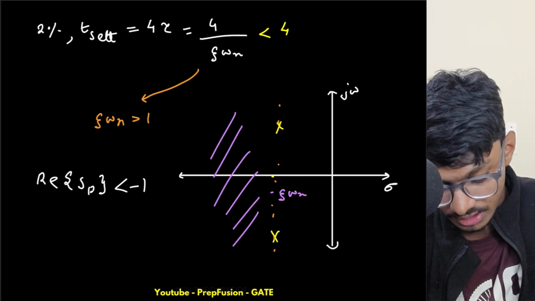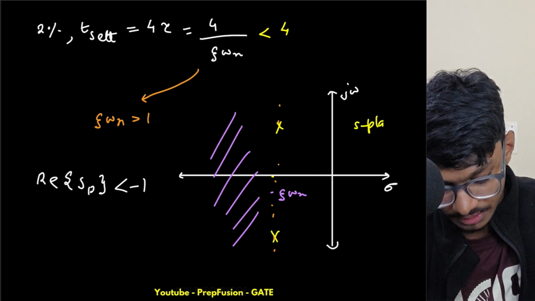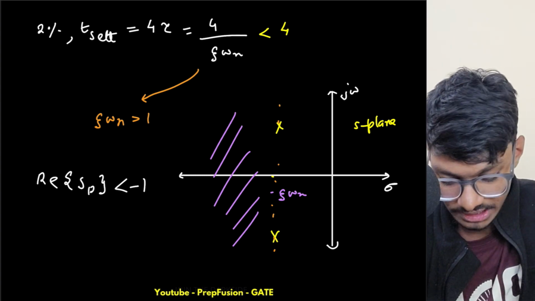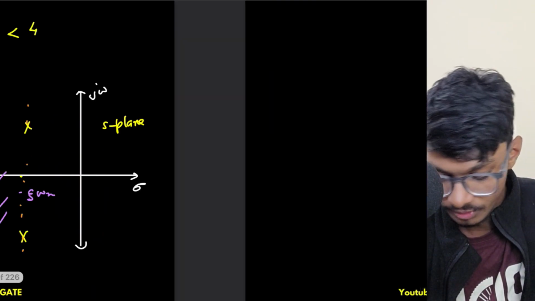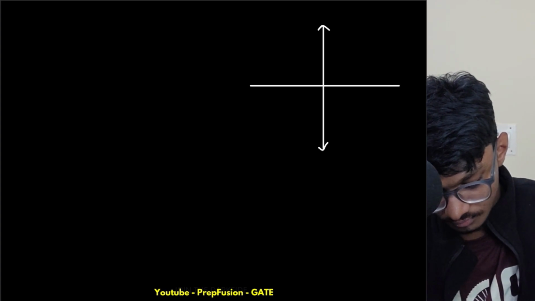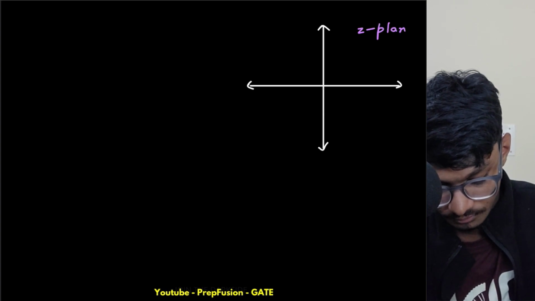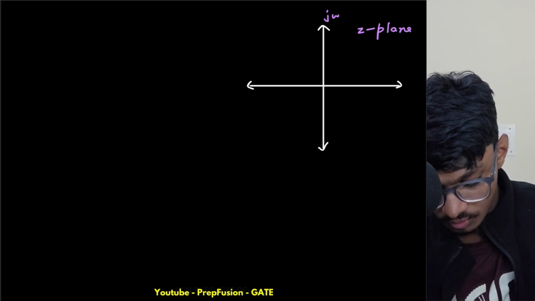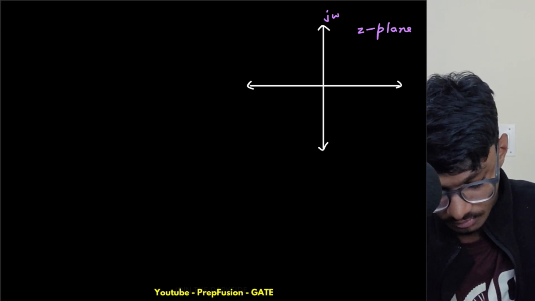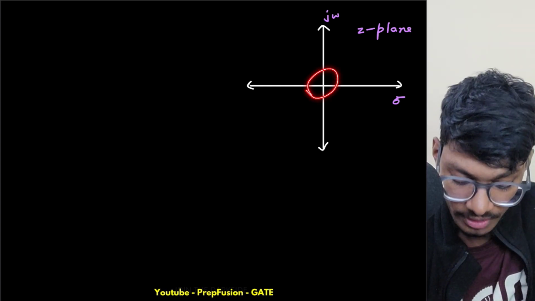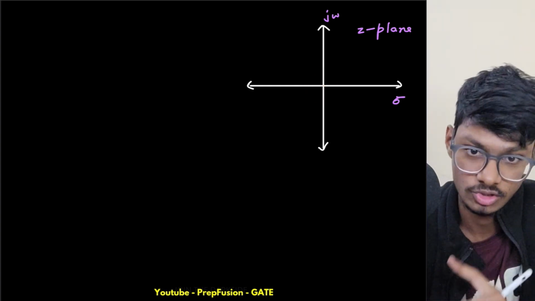So this is the S plane. Whenever these types of questions come up, you can use the concept of relative stability and Routh array. What I will do is go to a new plane, the Z plane. In the Z plane, I will assume that this origin represents the s equals -1 point.